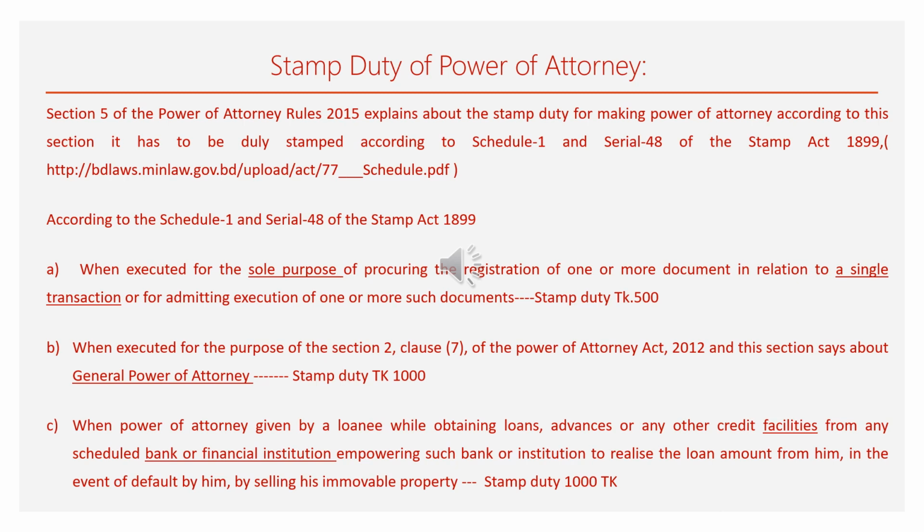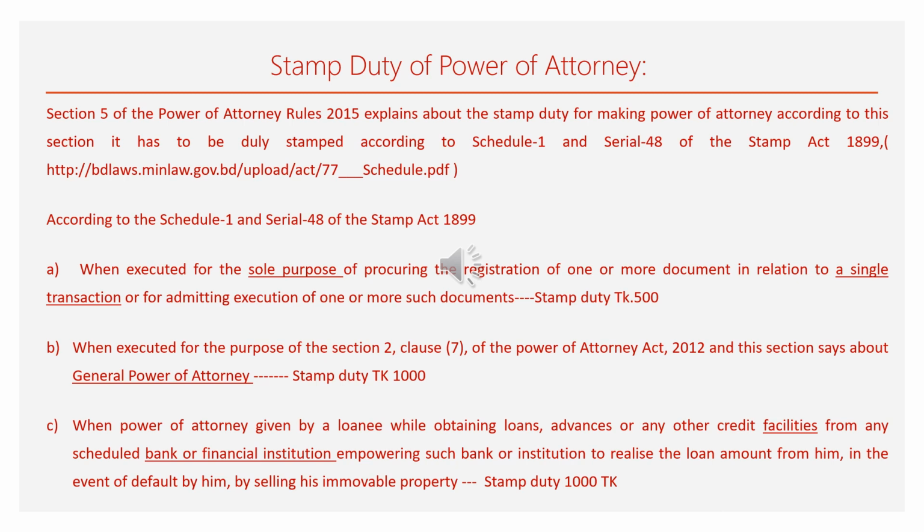Now, Schedule 1 and Serial 48 of the Stamp Act 1899 states, first, when executed for the sole purpose of procuring the registration of one or more documents in relation to a single transaction or for admitting execution of one or more such documents, then the stamp duty is Taka 500.